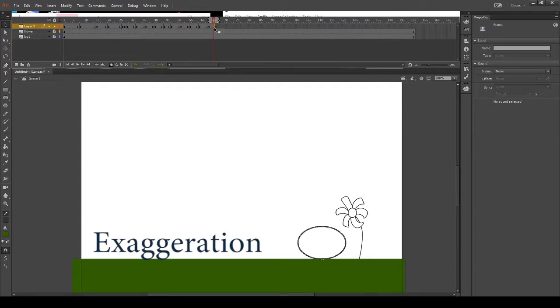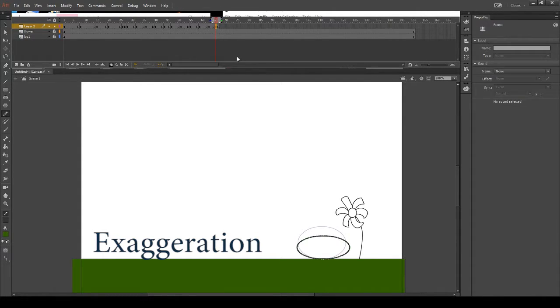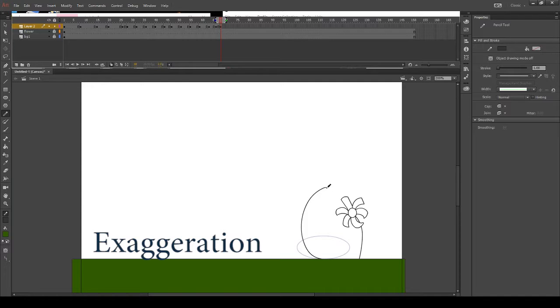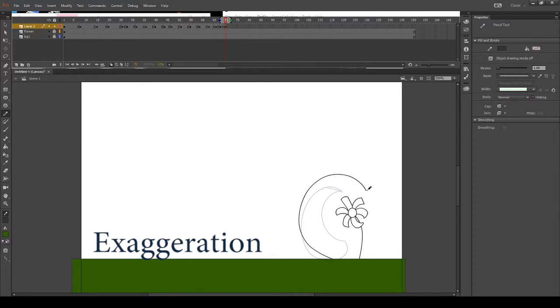Exaggeration is an effect especially useful for animation, as perfect imitation of reality can look static and dull in cartoons. The level of exaggeration depends on whether one seeks realism or a particular style, like a caricature or the style of a specific artist.